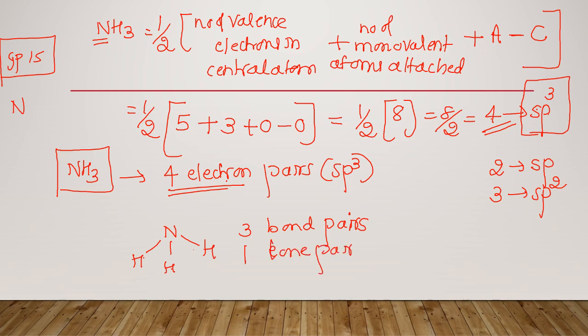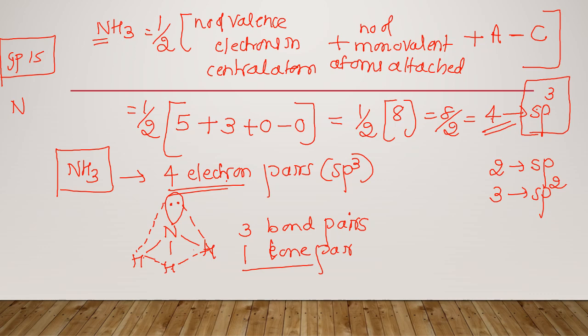So we have to represent it like this. So one lone pair of electrons. So this is the actual geometry of ammonia molecule like this. So four electron pairs, out of which three are bond pairs and one is lone pair, because in one orbital nitrogen is having one lone pair of electrons. So actually if it is sp3 hybridization, we expect tetrahedral geometry.